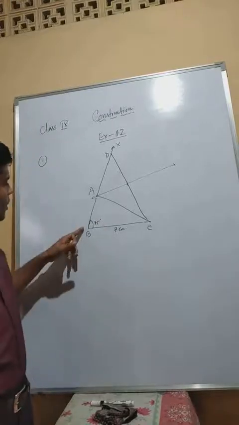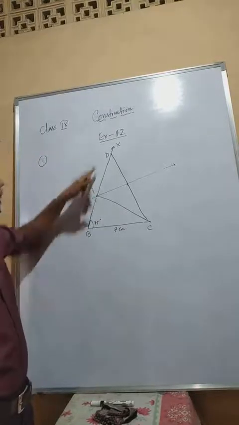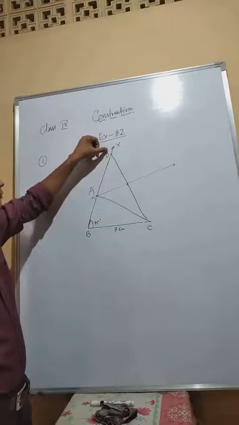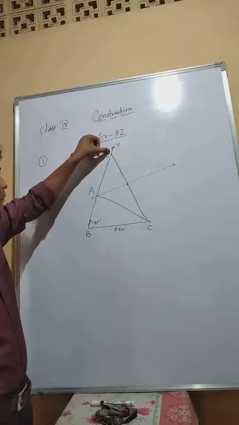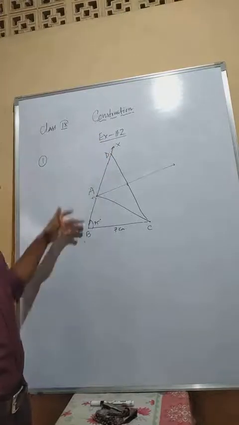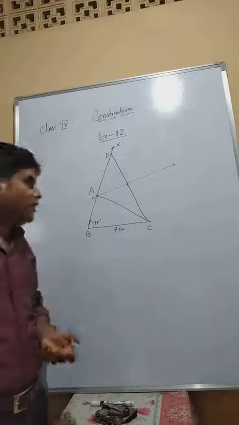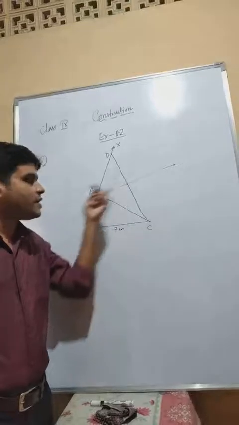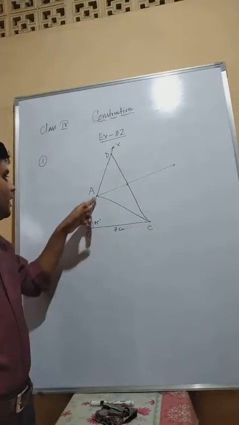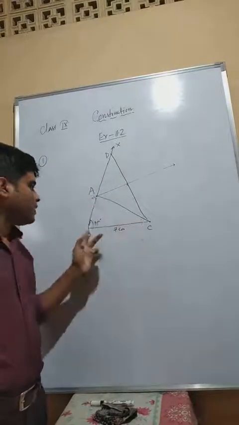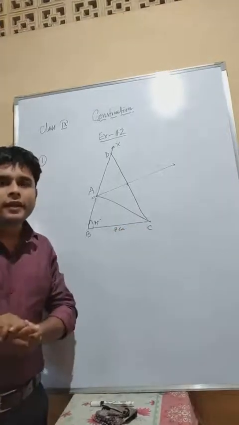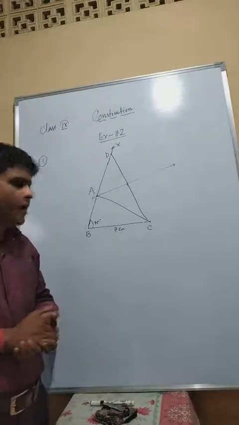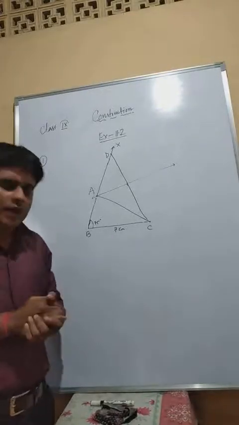After this, on this ray BX, we have taken this point D, or mark a point D on BX such that BD equals 13 centimeter. Join DC. Then draw the perpendicular bisector of CD, which intersects BD at A. Join AC. We have got this ABC as the required triangle. For this work, just use your own language. So hope you understood that one.